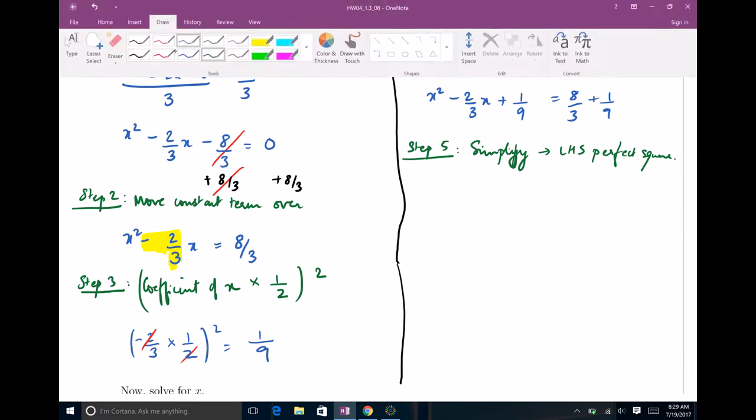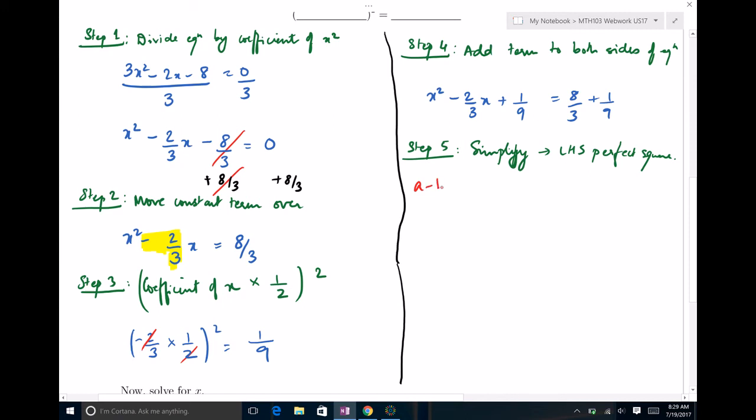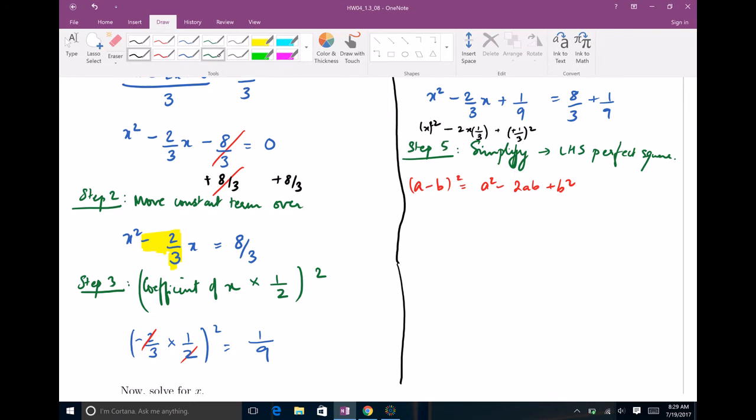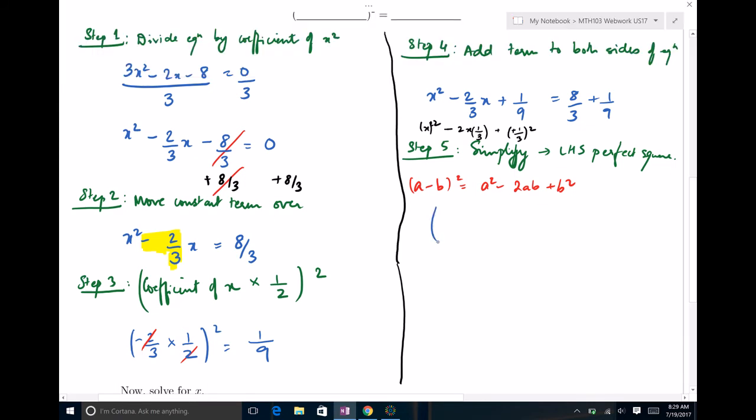Okay, how do we see this? Remember that there's a formula: a minus b the whole squared is a squared minus 2 times a times b plus b squared. If you look at the left hand side of this equation, you have x squared, and you have negative 2 times x times 1 over 3, and then you have positive 1/3 the whole squared. So the left hand side is a perfect square: x minus 1/3 the whole squared.